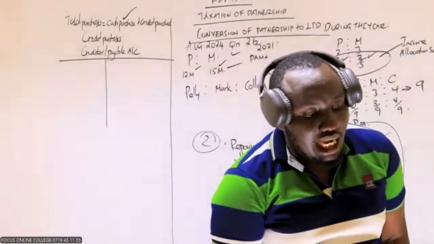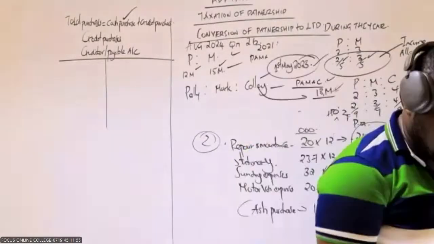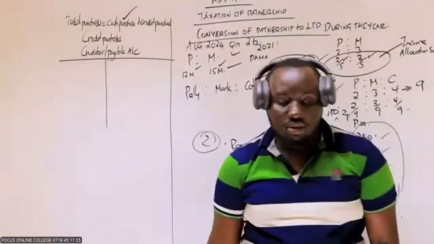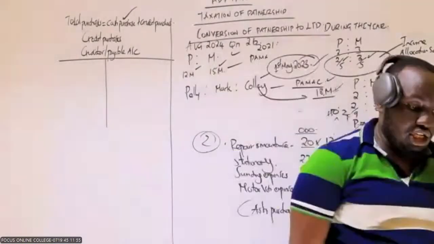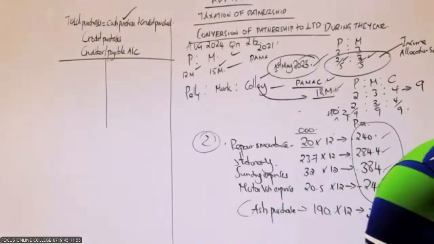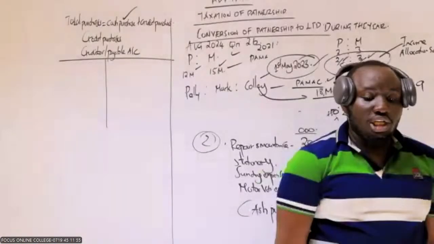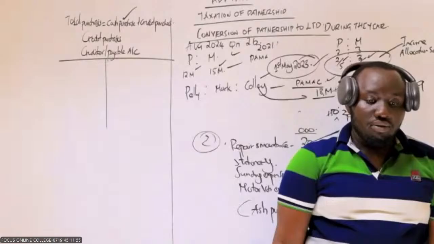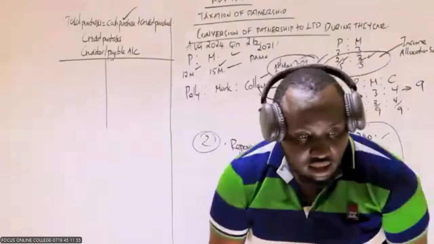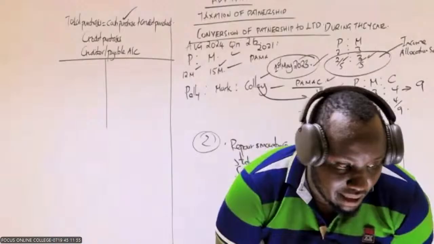Perfect. How would I treat the opening balance breakdown, the payable balance? Is that an asset or a liability?